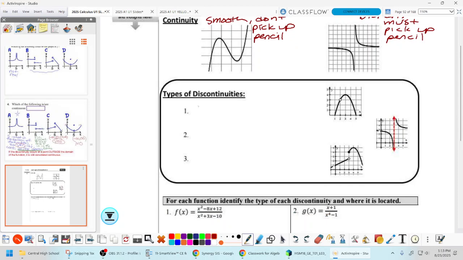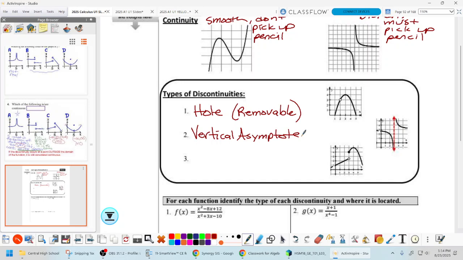Okay, so types, we have a hole. So that's removable. That's the only one that is. We have a jump. Actually, let's save it for the last one, since it's in order this way. So we have a vertical asymptote. That is non-removable.